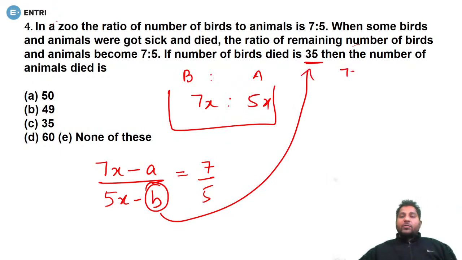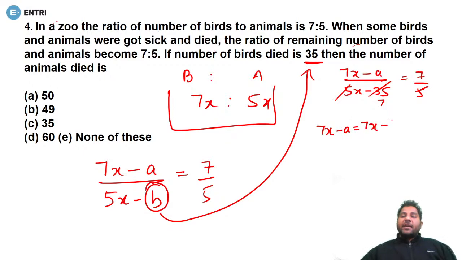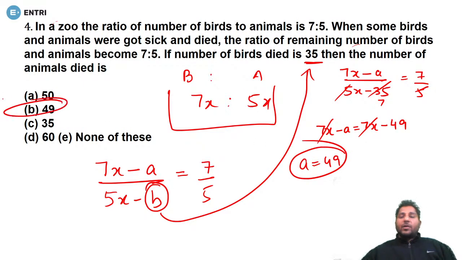Now how are you going to elaborate? (7x minus a) divided by (5x minus 35) equals 7 by 5. Now you know that this will be eliminated. Now 7x minus a equals 7x minus 49. Now this 7x will be eliminated. That means the value of a arrived as 49. So it was a good and efficient one as well. I hope you all have got this one. Yes, Rani, absolutely spot on.